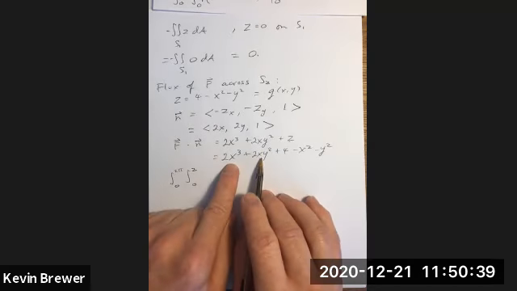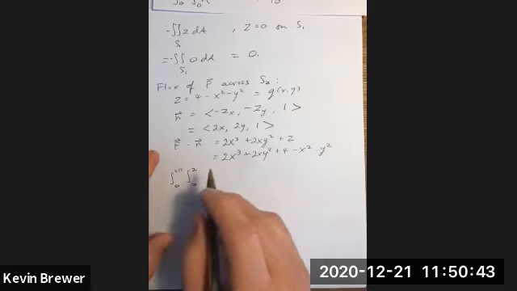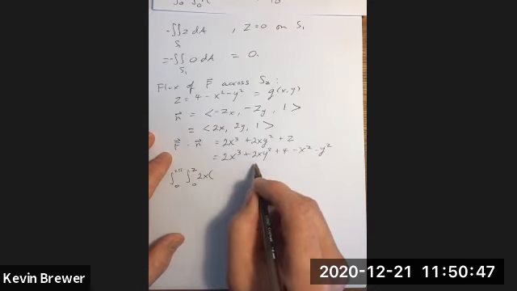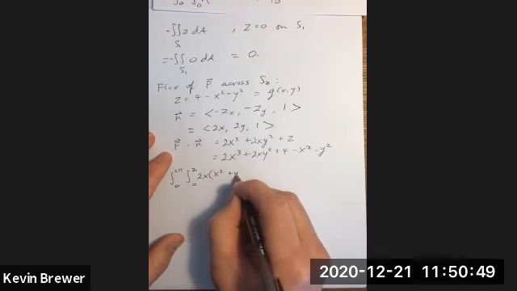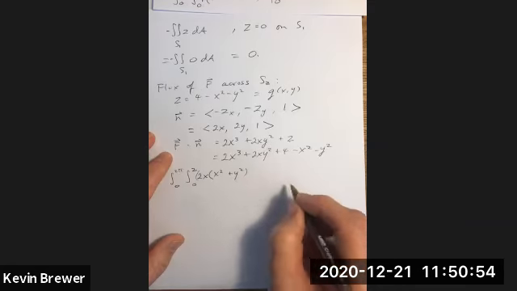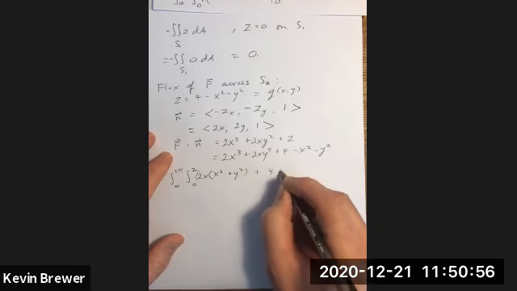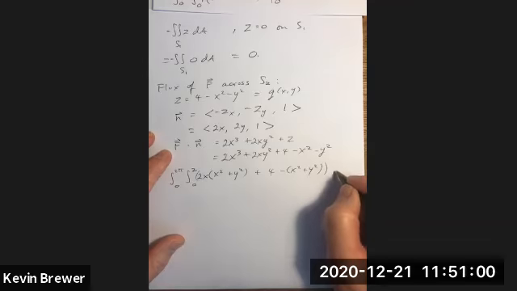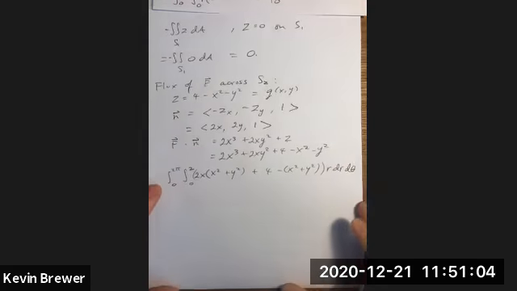Let's see. If I factor out a 2x, I would have x squared plus y squared, and then plus 4 minus x squared minus y squared, and then this is r dr d theta.